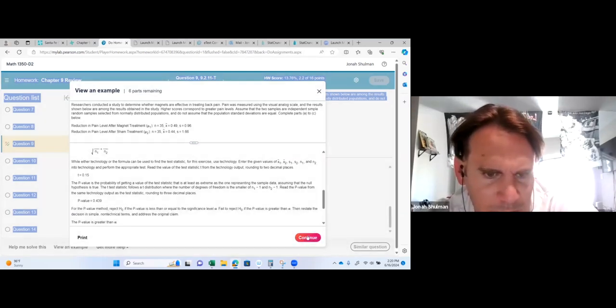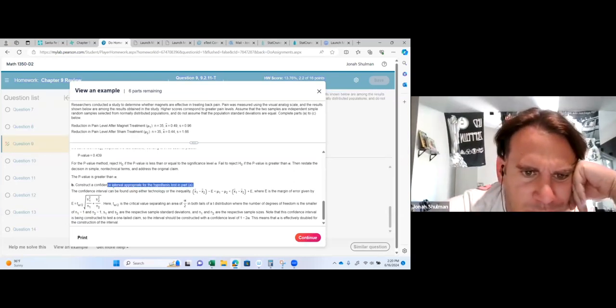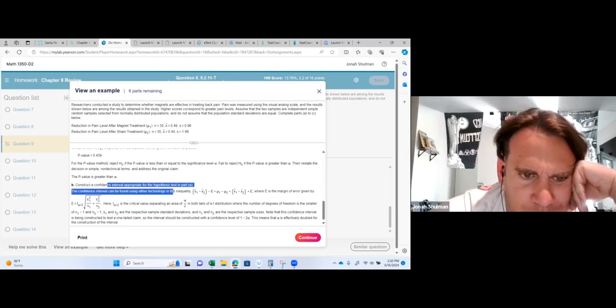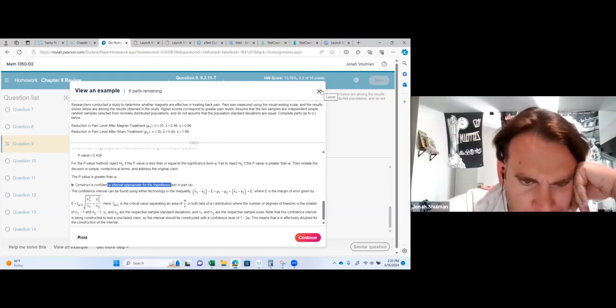Now, how do they decide the confidence interval? Construct a confidence interval appropriate for the hypothesis test. It can be found using technology or this inequality. Okay, let's see. We can use the formula.